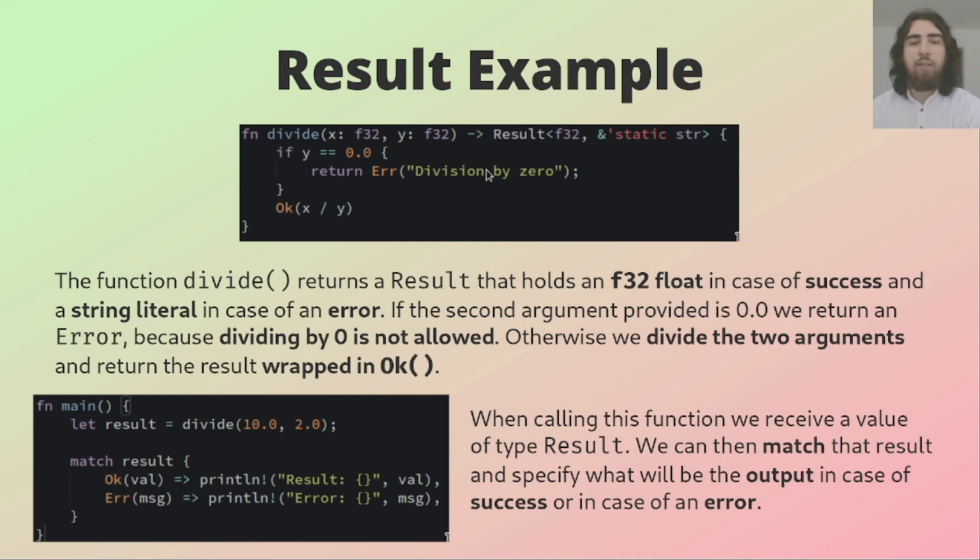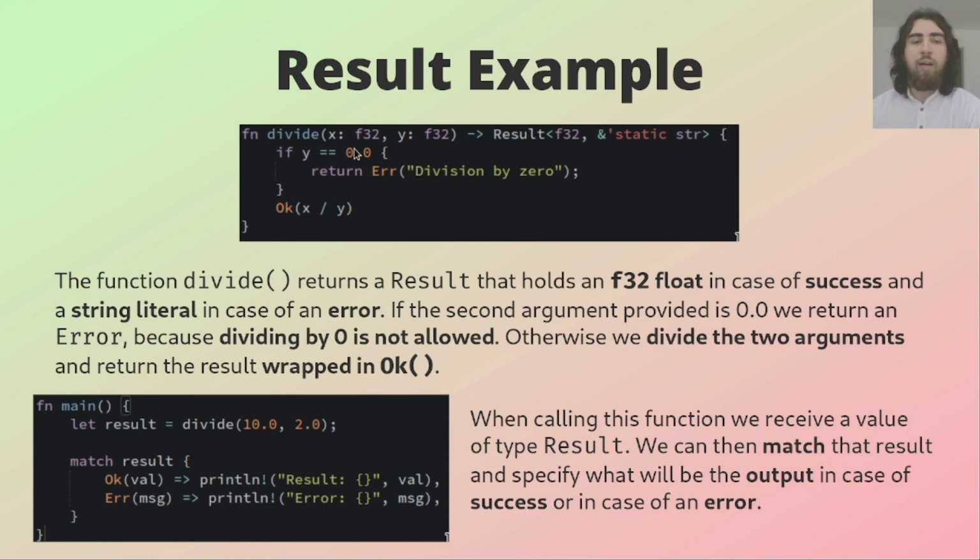So in this case, we use an explicit return keyword, meaning when this returns, it won't execute any further. It will directly return the error and stop execution.